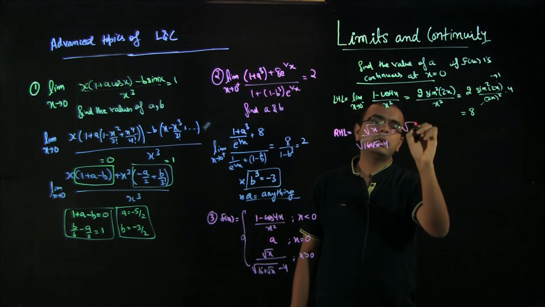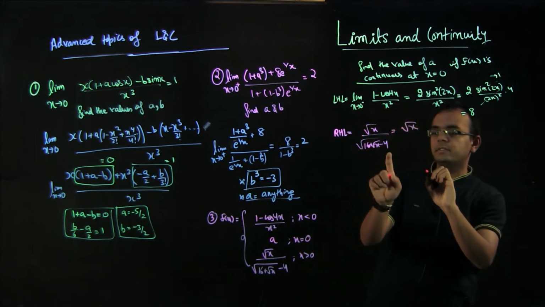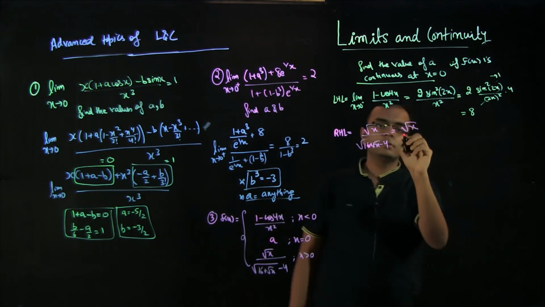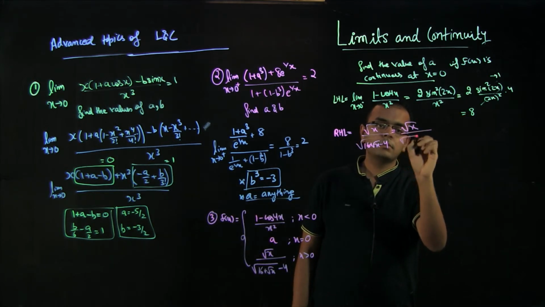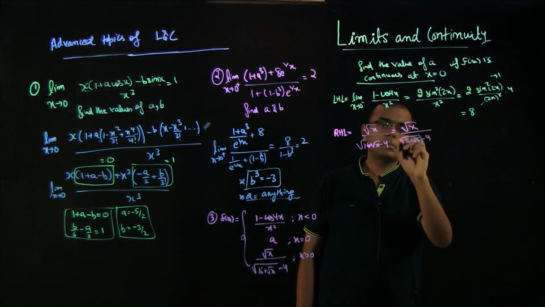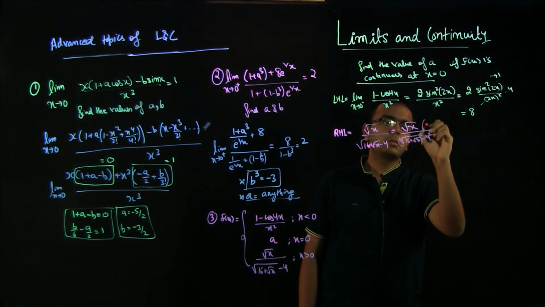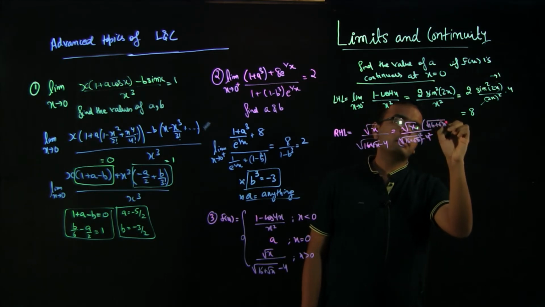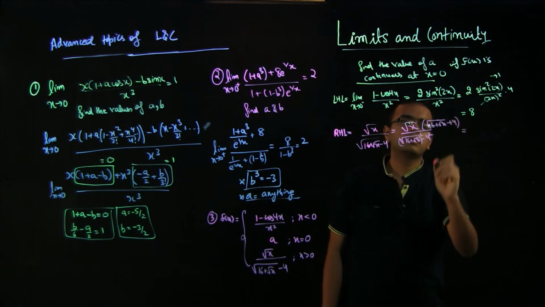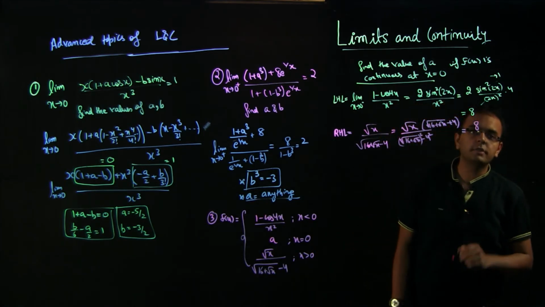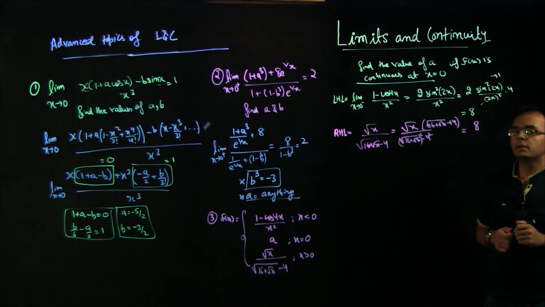You can clearly see that when we rationalize this term, this root x will get cancelled with this root x, so this would actually just become nothing but 8. You can solve this further and this will become 8.